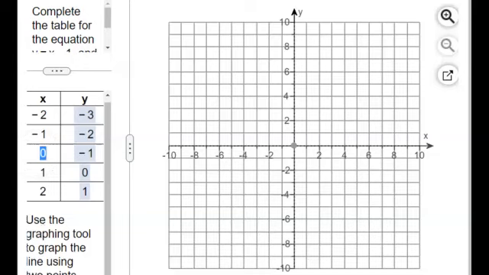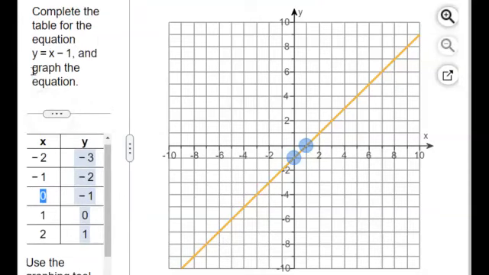So this one has a 0 in the X position and a -1 for Y. So I will point to that point and then click once. The other intercept is right below it. It's the ordered pair 1, 0. So I will point to that point and click it. 2 points define a line.